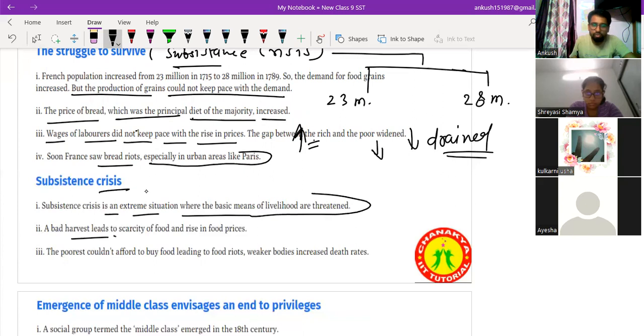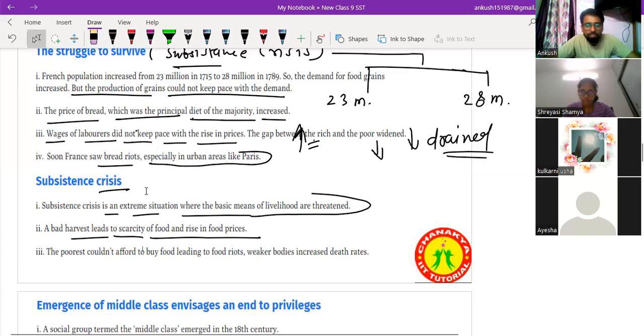A bad harvest leads to scarcity of food and a rise in food prices. Bad harvest in the sense, when trouble comes, it comes from all around. As people were fighting for their rights, at the same time, what happened? The food grains demand increased, but the production was not done, and that is why the food prices increased. At the same time, a famine-like situation was seen there, in the sense that there was not good rainfall, and that is why the harvest failed, which leads to scarcity of food.